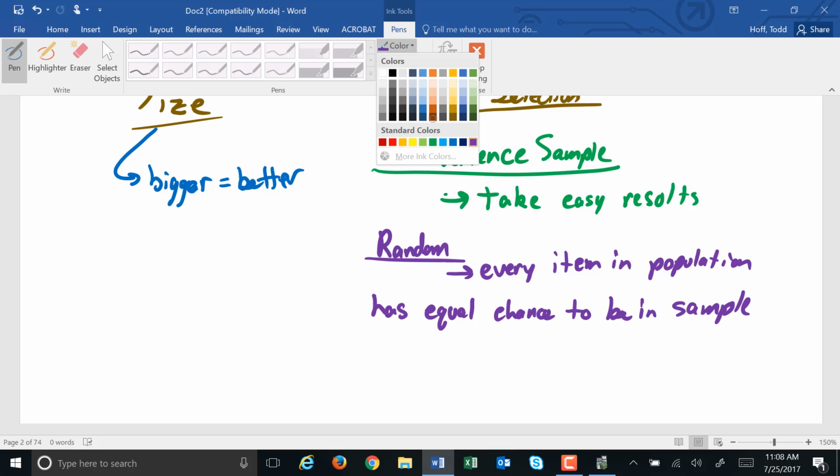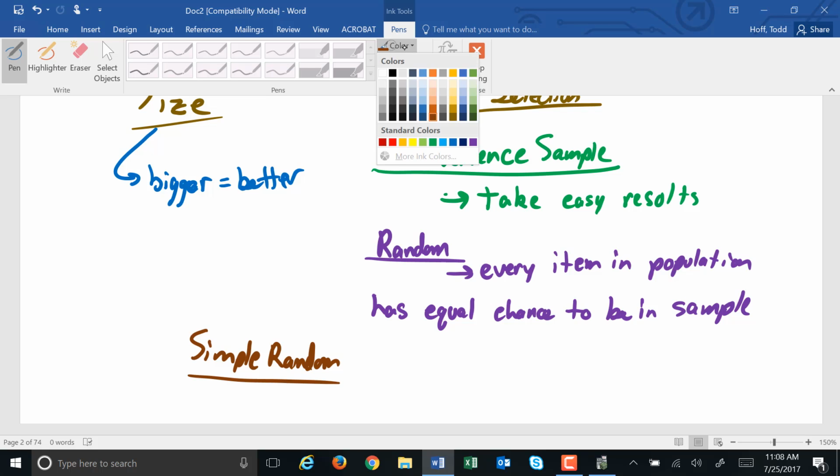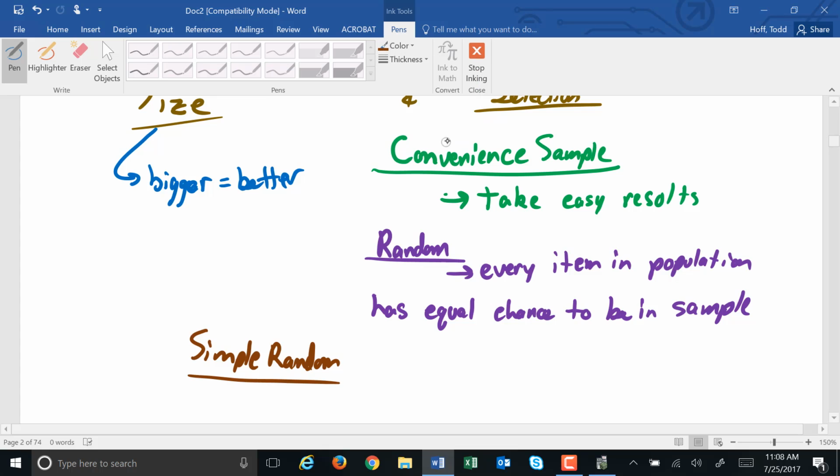There's something even stronger than random, which is called simple random. Simple random has to do with the sample size, the whole sample. The number of people that you choose to put in a sample is called N. So if I chose to survey 200 people, my sample size N would equal 200.